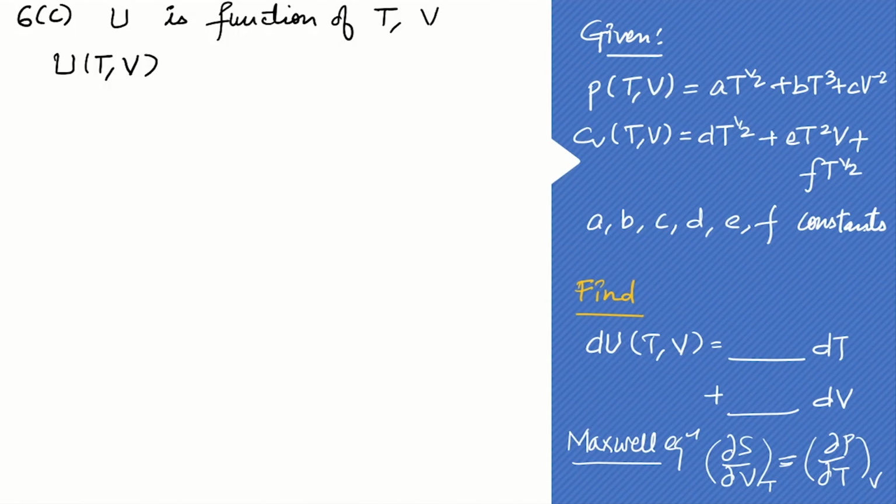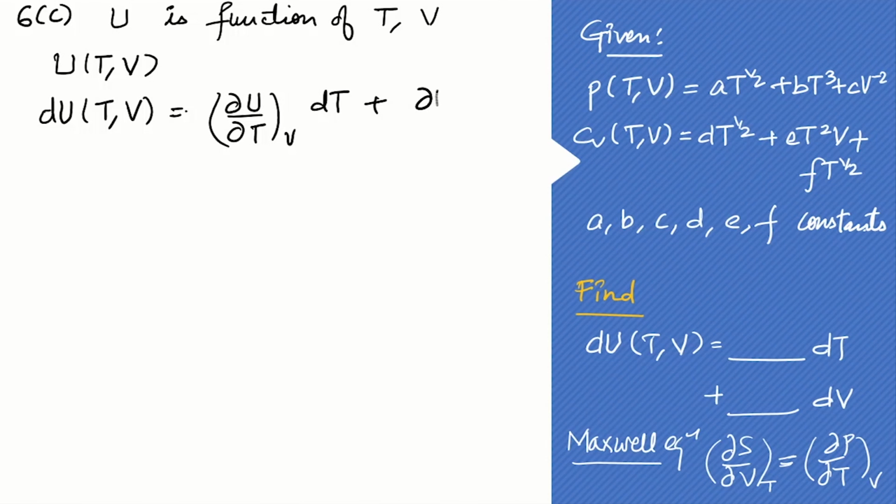So here U is a function of T and V. So we can write this internal energy differential, this dU, which is a function of temperature and volume, in the form of differential. So it's (∂U/∂T) at constant volume dT, plus (∂U/∂V) at constant temperature dV.